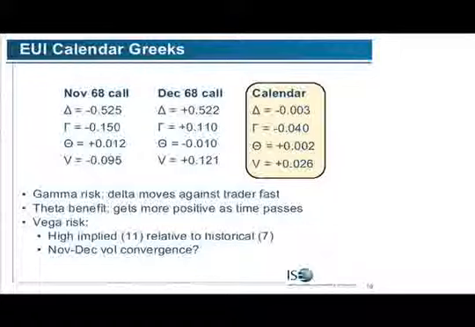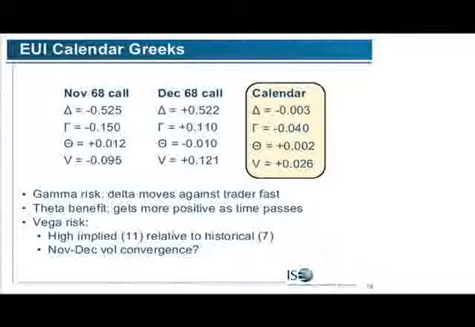So when EUI moves higher, my delta actually gets a little shorter. 1 full point gets me short 0.04 deltas. And when EUI moves lower, my delta gets longer. 1 full point gets me long 0.04 deltas.